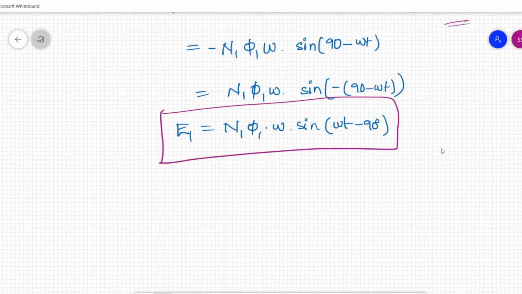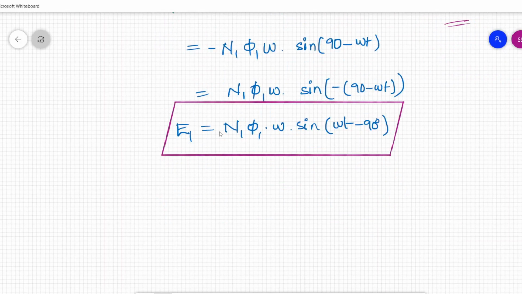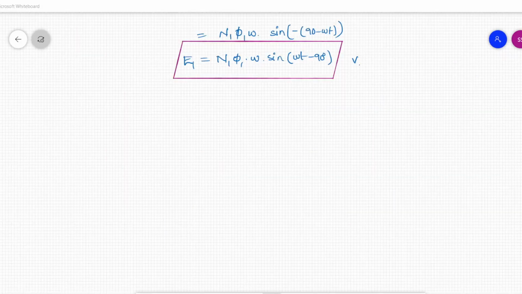Here is the voltage expression. This E1 is the induced EMF in the primary winding, right?